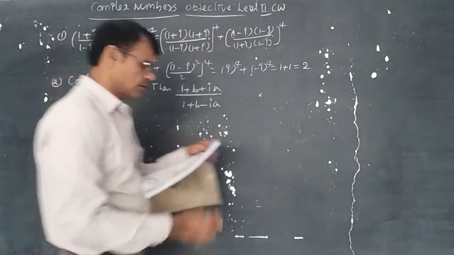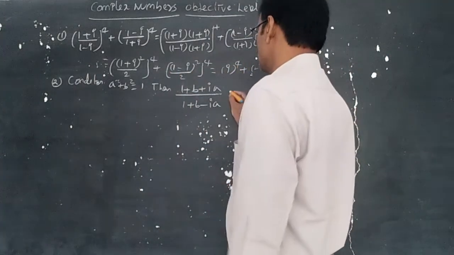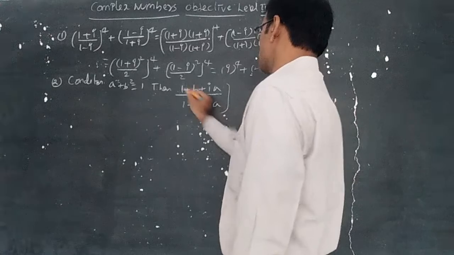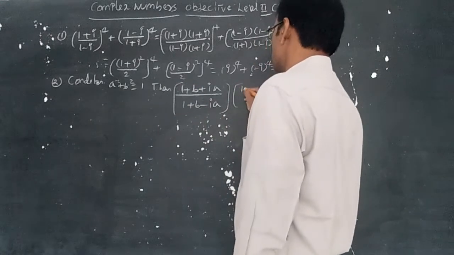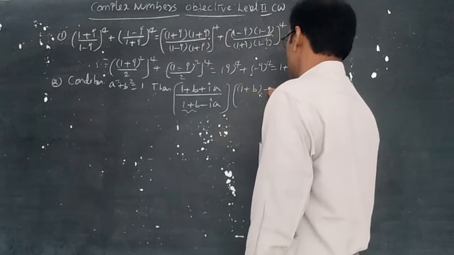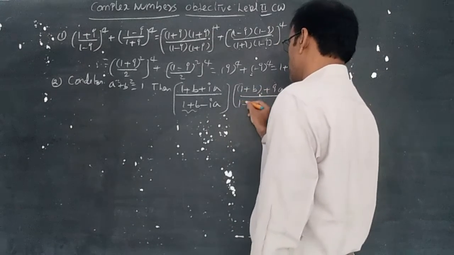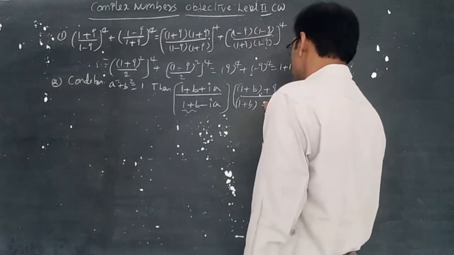Here i means iota. a square plus b square is equal to 1 is the given condition. Take this one and rationalize like this. So 1 plus b plus ia, put a bracket, (1 plus b plus iota a) by (1 plus b plus iota a).